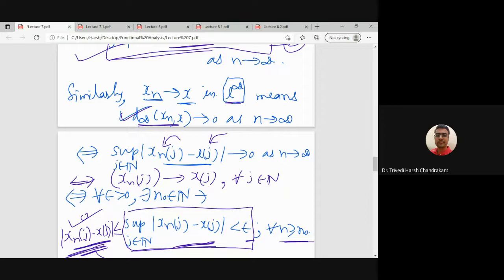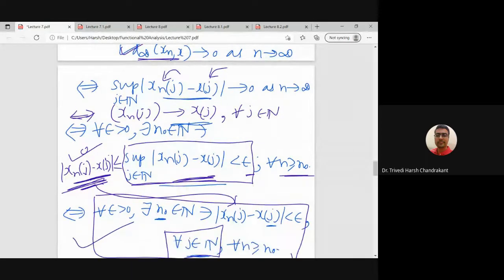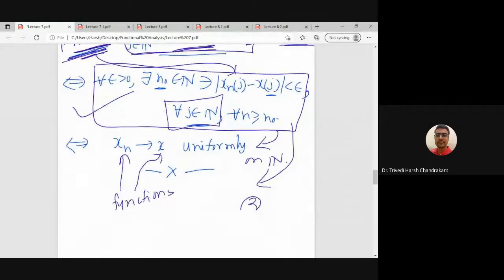That means for every j, xnj converges to xj as a real or complex number. So basically this condition is known as entry wise or component wise convergence. So whenever it converges in supremum, it converges entry wise.